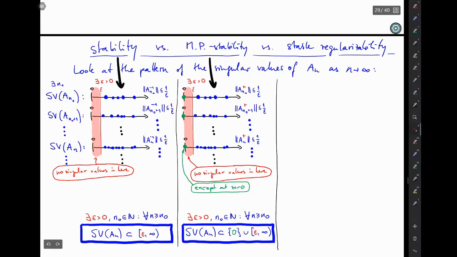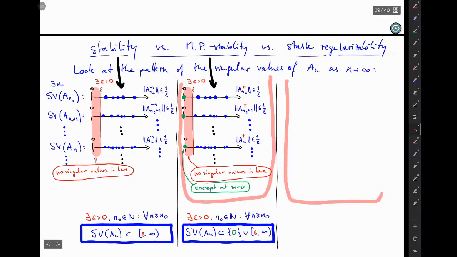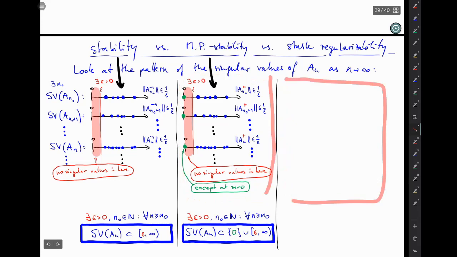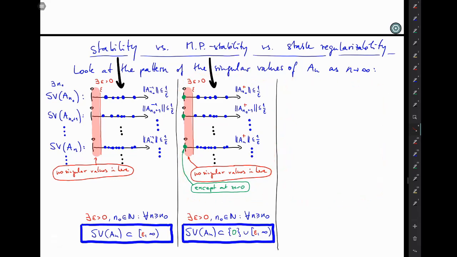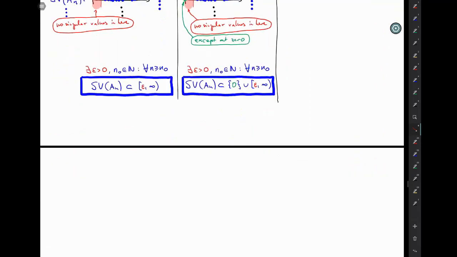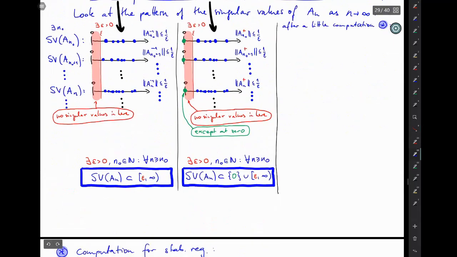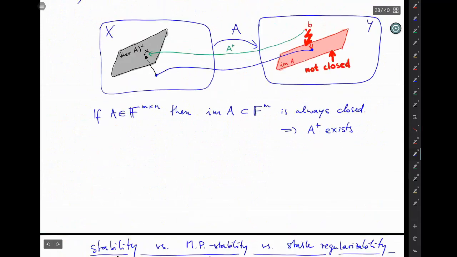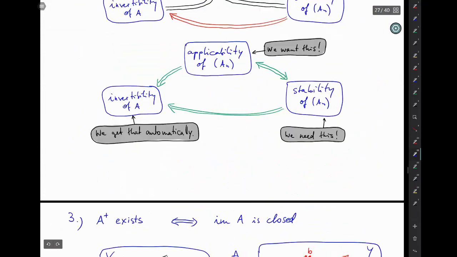And now we have to understand stable regularizability. And I'm afraid before we can draw the corresponding diagram over here, we need a little computation. Okay, so let's do that little computation first. Well, at first we should recall the definition of stable regularizability. Where was it?